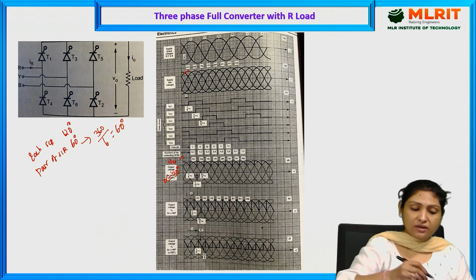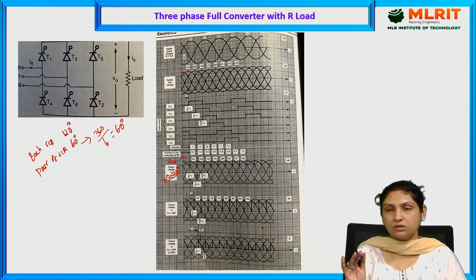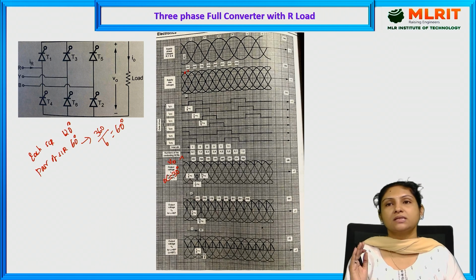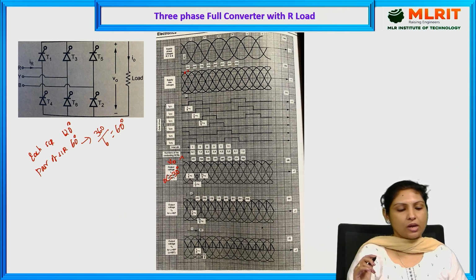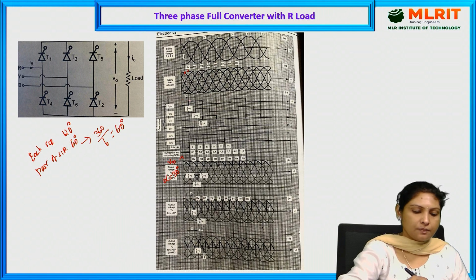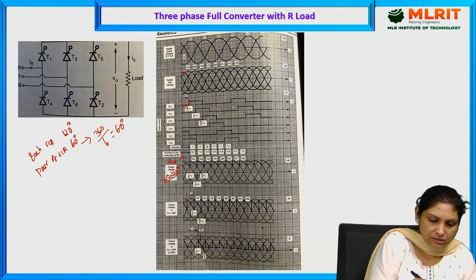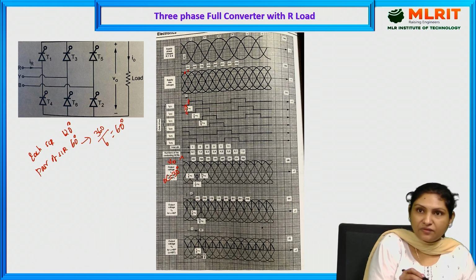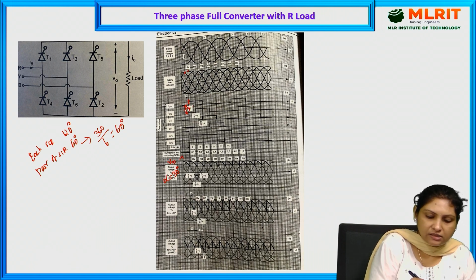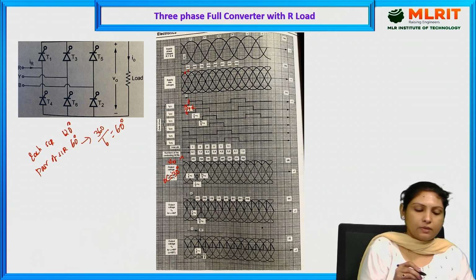From zero crossing the thyristor is forward biased, but only when we provide the triggering pulse does the thyristor start conduction. So at this instant, pi by 6 plus alpha, where alpha is 30 degrees, we provide the triggering pulse.